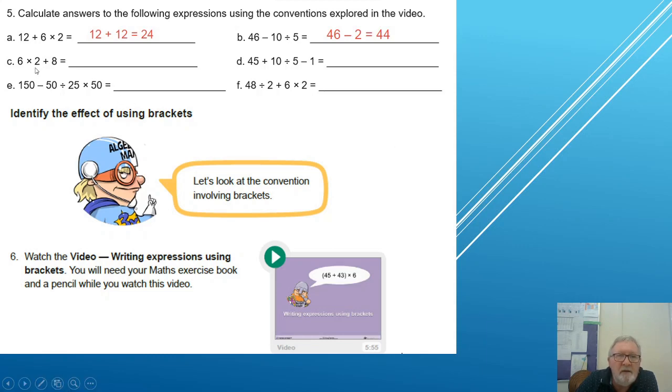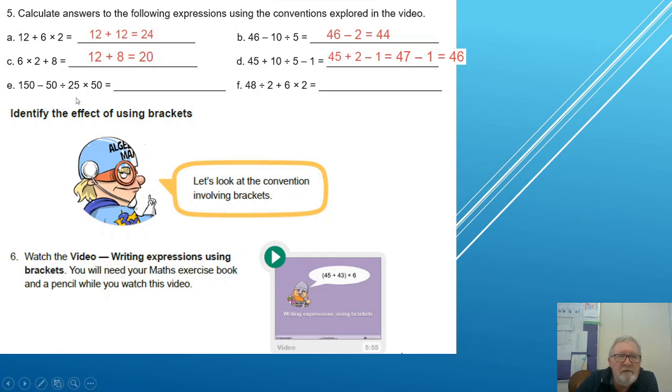In this one, the order is the same as you'd do it if it was left to right because multiplication is before addition. 6 2s are 12, 12 and 8 is 20. Here, I hope you remember to do the division first in D. So 10 divided by 5 is 2, 45 plus 2 is 47, take 1, 46.